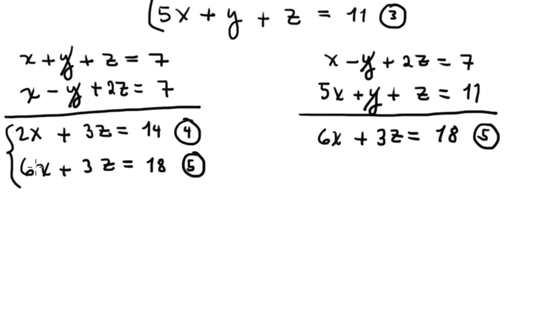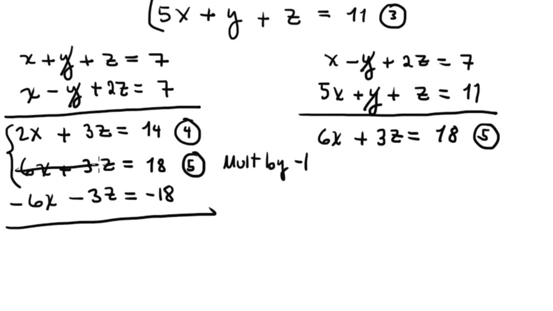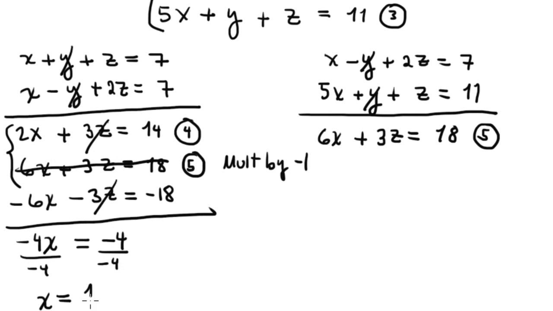So you multiply, for example, by -1 here, we have minus 6x minus 3z is equal minus 18, and you combine this equation as minus 4x, cancel out this part, is equal to -4, divided by -4 on both sides, x is equal 1.